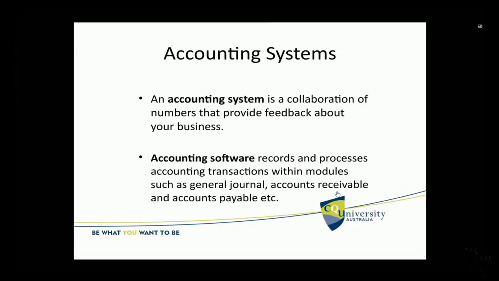Within that command centre, you've got the function for entering your invoices, so your accounts receivable, as well as your payments to your suppliers, which is accounts payable. So just bear in mind, an accounting system can be manual or electronic. It's a system of organisation. Accounting software is the electronic package that processes your business transactions.